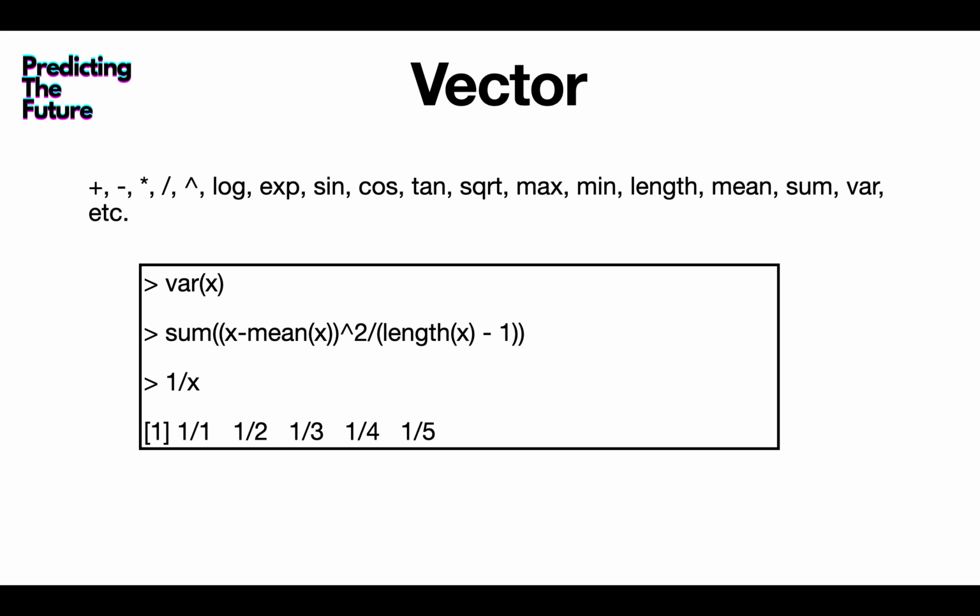And the third example here is 1 over x, right? So x is a vector. What it outputs is 1 divided by each element of x, and that becomes a new vector. So in our example, that will be 1 over 1, 1 over 2, until 1 over 5. It's a new vector. It's not like traditional programming languages where we have to write a loop.